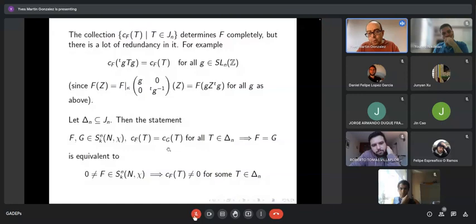Okay, so if you want to find a good set Delta_n, you can find a set where you know that if F is non-zero, then a Fourier coefficient indexed by an element in that set is non-zero. Is that clear? Is there any reason that you concentrate on just cusp forms?